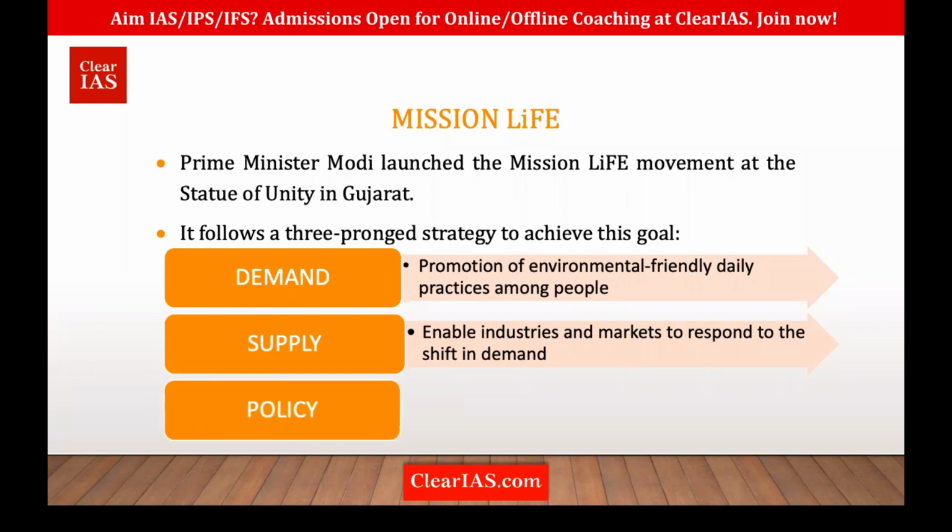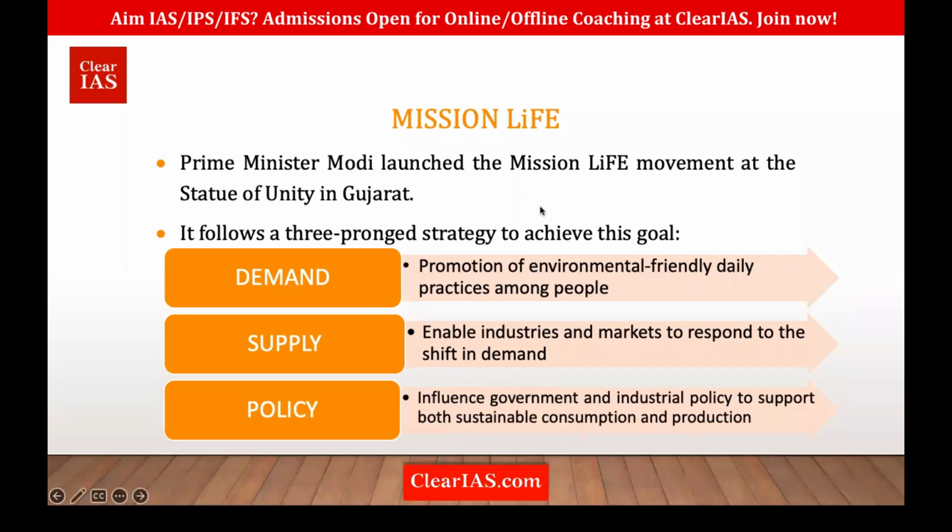Okay. Then with higher supply, what happens? The government would also change the policy. Okay. The government will ask all the industries to change to eco-friendly products. So just like Make in India, where the government is focusing on products made in India, it should also focus on the policies. Okay. So Mission LiFE is basically for that. They are trying to increase the demand, whereby by increasing demand, they are nudging the industries to supply more.